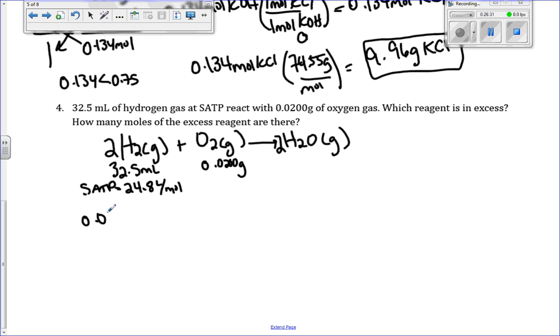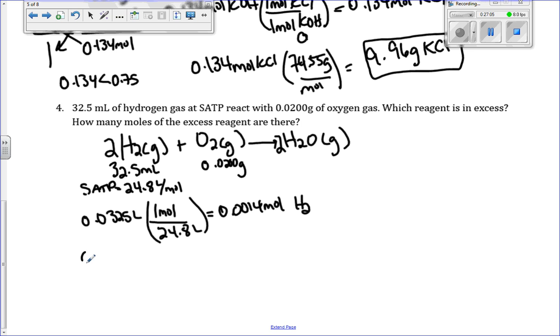0.0325 liters divided by our molar constant is going to give us, as soon as I turn my page over, a value of 0.0014 moles of hydrogen.